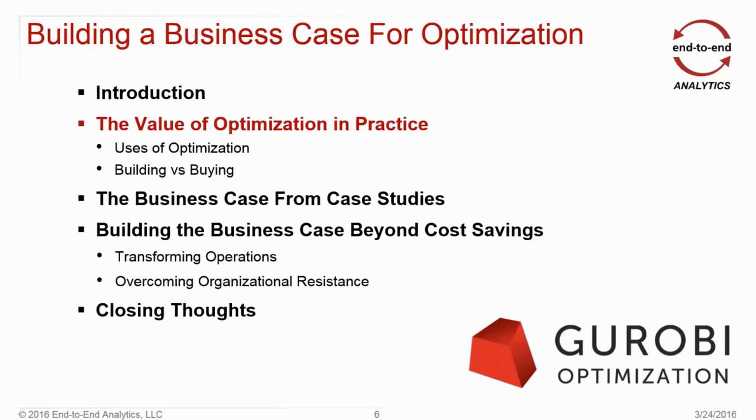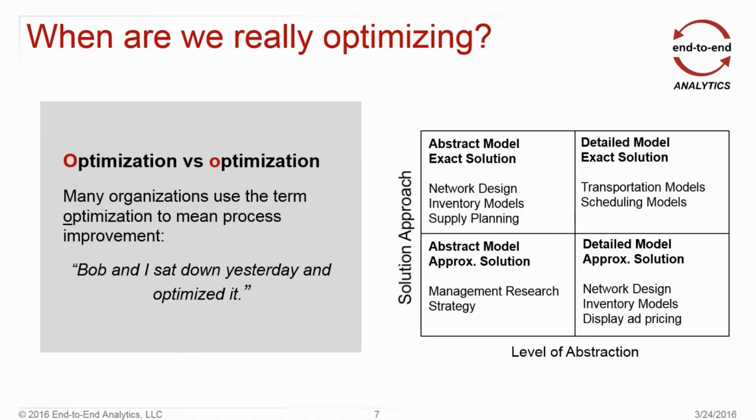So the first thing I want to separate out is what we call big O optimization versus little o optimization, because the term optimization itself is used quite a bit in business. And one of the things that we find is important to do is to differentiate mathematical optimization from quote unquote process improvement or other types of algorithms.